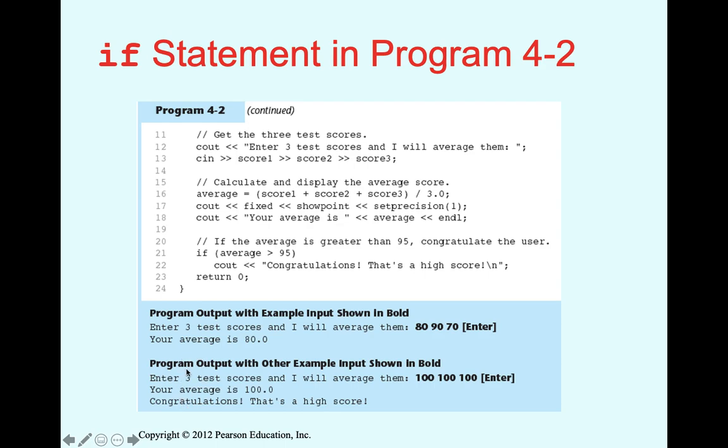This is another run of the program. Imagine someone enters 100, 100, 100, the average is 100, and now this condition is true, so we will print congratulations, that's a high score.